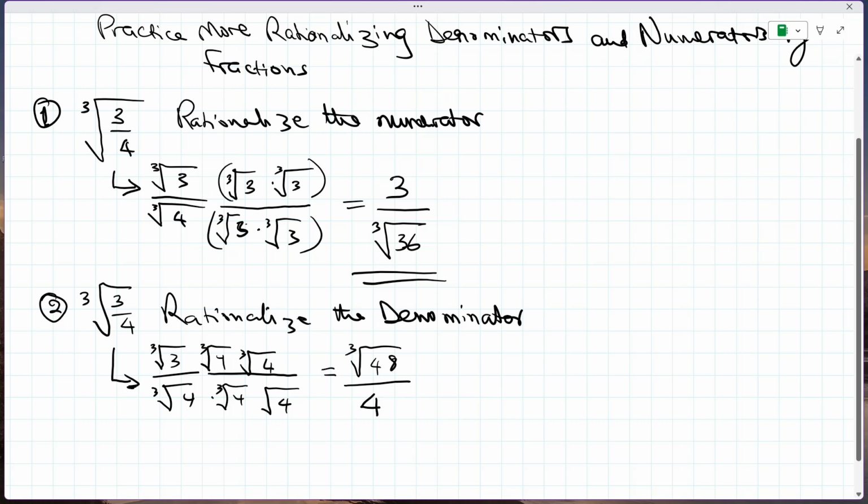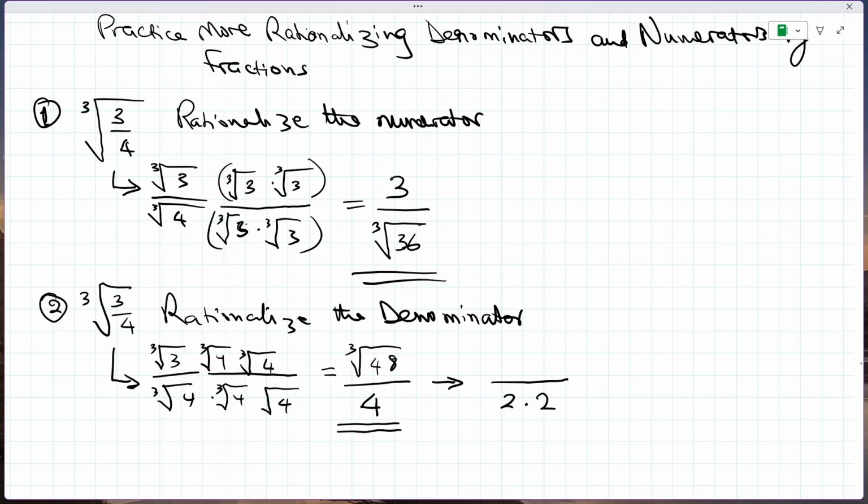Now, you can simplify this. This can be your answer, but you can still simplify it a little bit more by saying, okay, let's try to bring out 2 from this 48 up here, since we have a 4 here. So this will be 2 times 2 in the denominator.